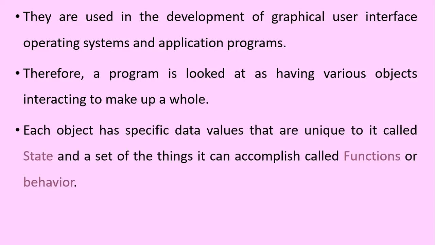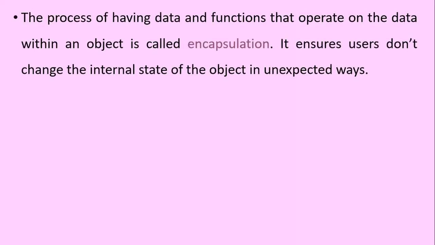Each object has specific data values that are unique to it, called state, and a set of the things it can accomplish, called functions or behavior. The process of having data and functions that operate on the data within an object is called encapsulation. It ensures users do not change the internal state of the object in unexpected ways.